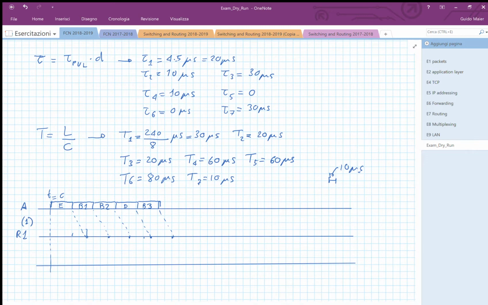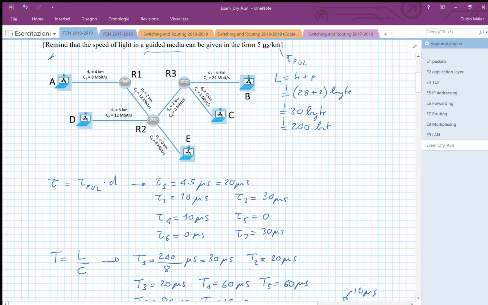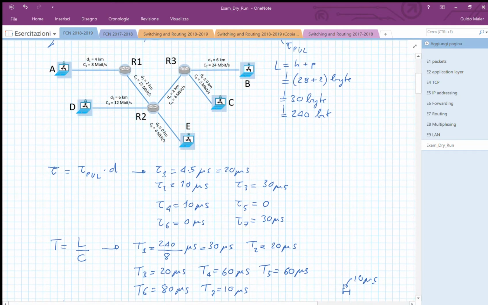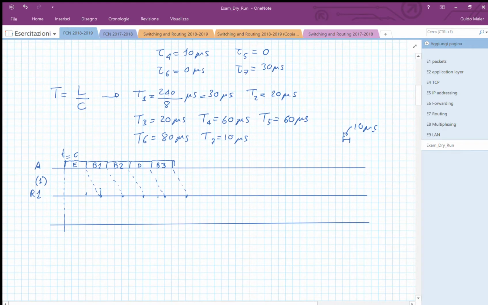Now, packets that are arriving in R1 are all going to R2, and they are going to R2 through link number 2. So actually here there is no difference. This is link number 2.